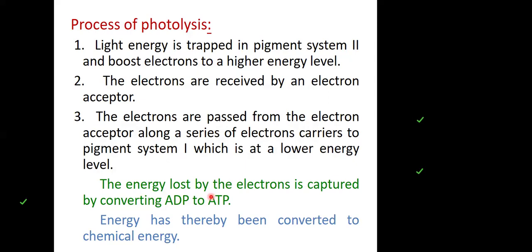So this energy is going to be picked up and utilized to convert ADP to ATP. And so we shall see that this is such an important step, because this ATP is later on put to use in the dark stage. So energy is thereby now converted to chemical energy. Remember, this energy was electrical energy. Now it has been converted to chemical energy.